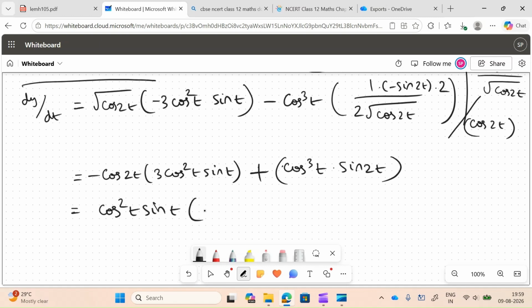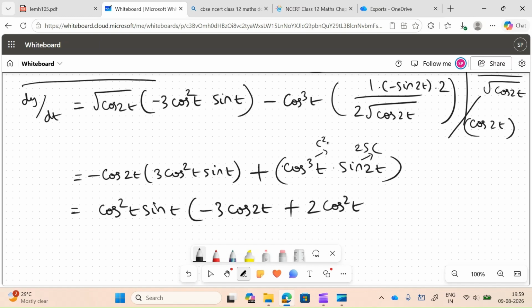Now similarly take here cos square t sin t common outside. You will get minus 3 cos 2t plus what will be remaining? Sin 2t is again 2 sin t cos t. Now cos cube, you have to take cos square outside. Sin is taken outside, so the remaining will be 2 cos square t. Understood?